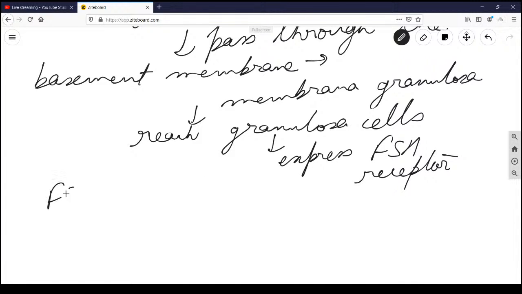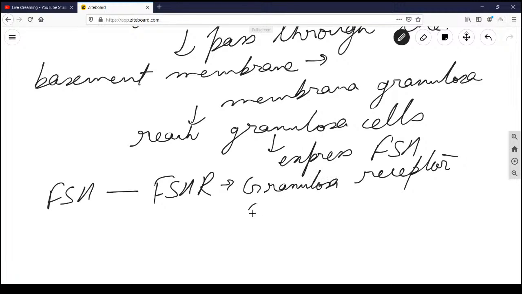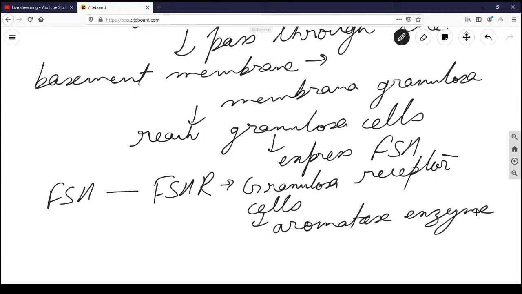Now FSH acting on FSH receptor on granulosa cells will cause the granulosa cells to release aromatase enzyme. Now testosterone has reached granulosa cells and FSH is causing granulosa cells to release aromatase.